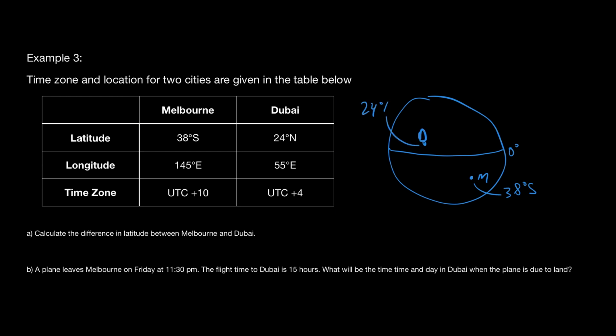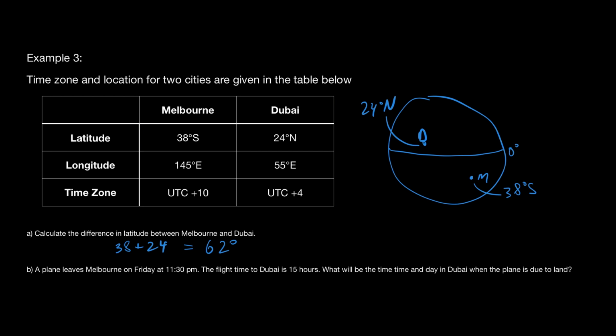So the difference in latitude, I need to go from Melbourne to the equator, 38 degrees, and then from the equator to Dubai, another 24 degrees. 38 plus 24 works out to be 62 degrees. So the difference in latitude between Melbourne and Dubai is 62 degrees.